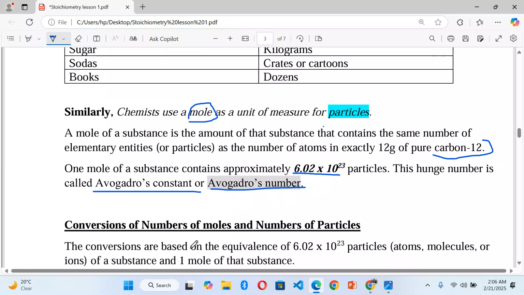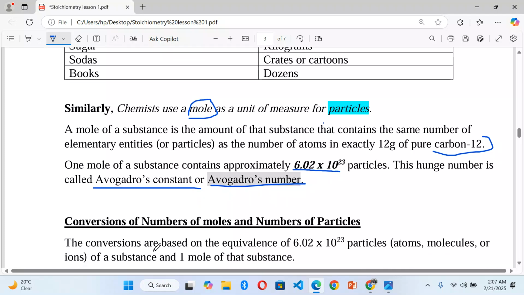The conversions are based on the equivalence of 6.02 times 10 to the power 23 particles. Now, these particles we're talking about can be atoms, molecules, or ions of a substance, and 1 mole of that substance.